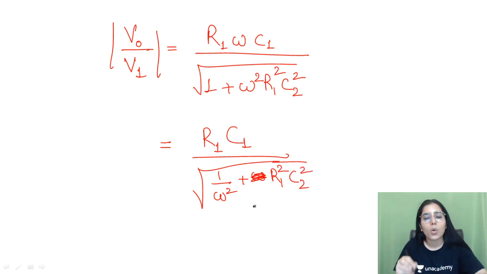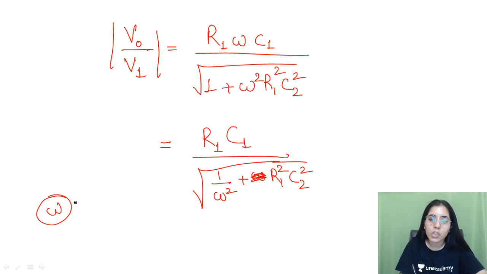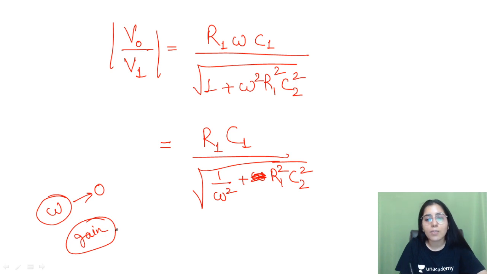Clear? Now next thing, let's consider the value of omega. First of all, let's take omega tending to 0. So what will be the gain expression? Will the gain be higher, or will it be tending to 0?